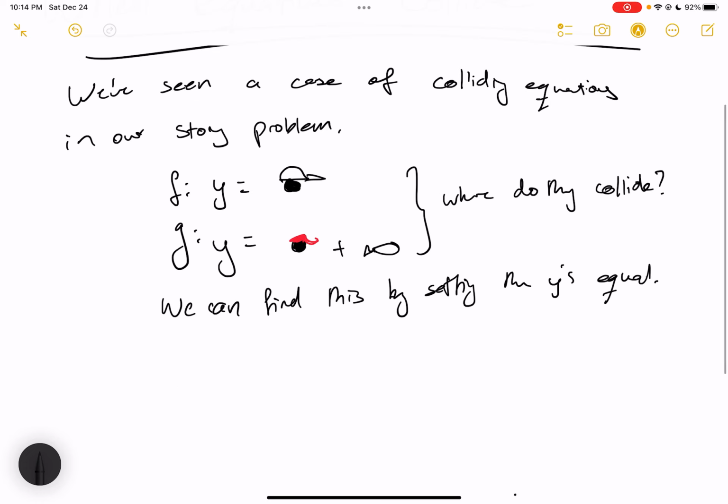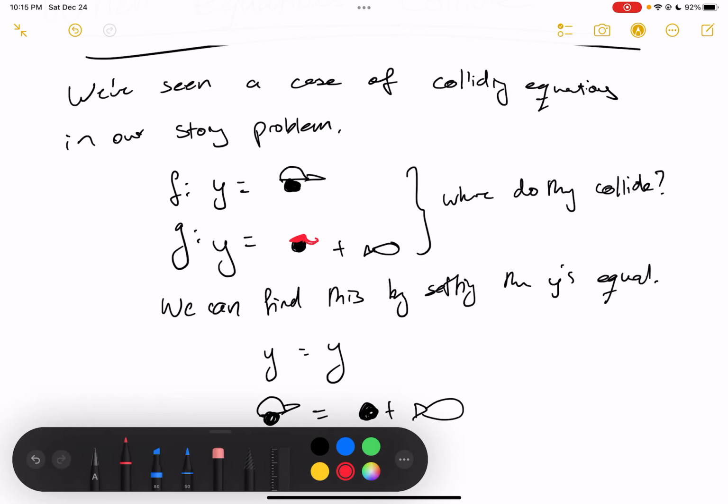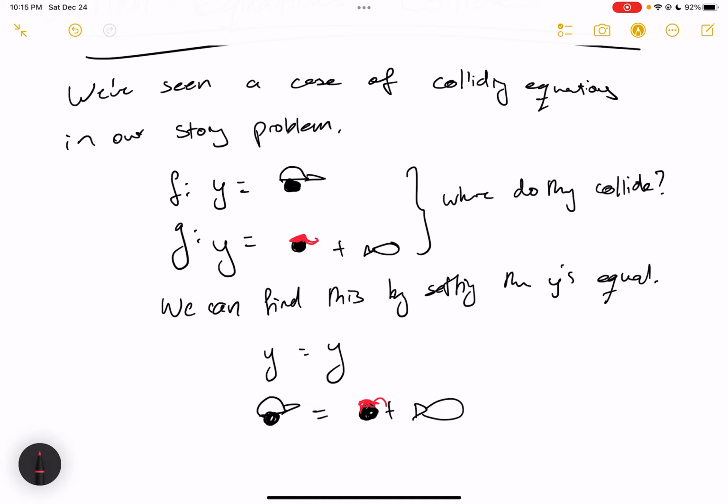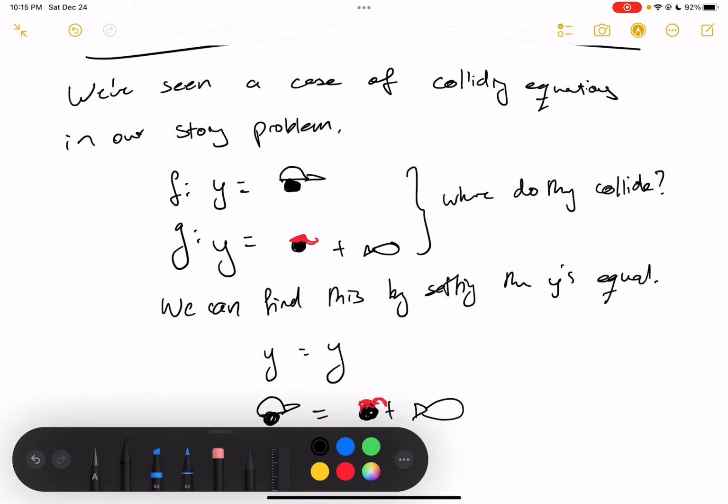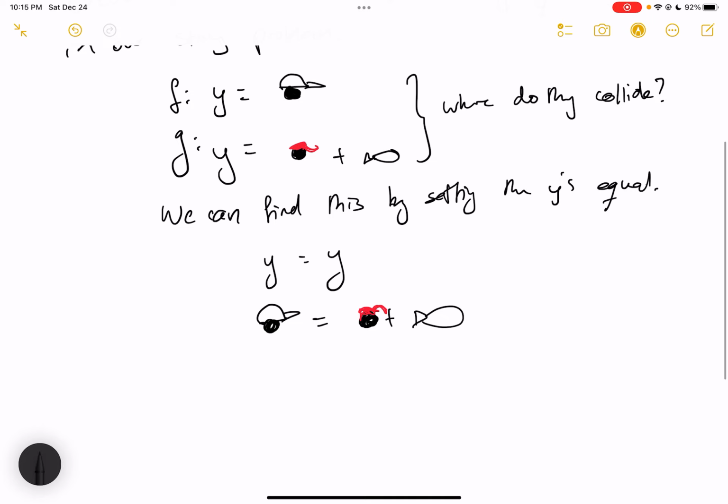So in this case, the y for f equals the y for g. And what that means is Dotson and his sideways cap equals Dotley plus the fish. That's not a fish, that's an infinity sign. That's a fish. And don't forget Dotley's hair and ponytail. And yes, you need to write these as well, all the way down to the ponytail.